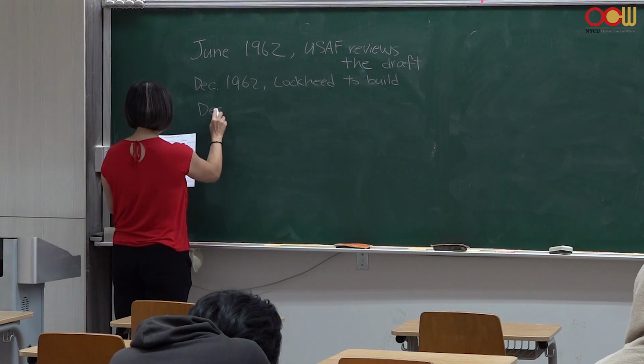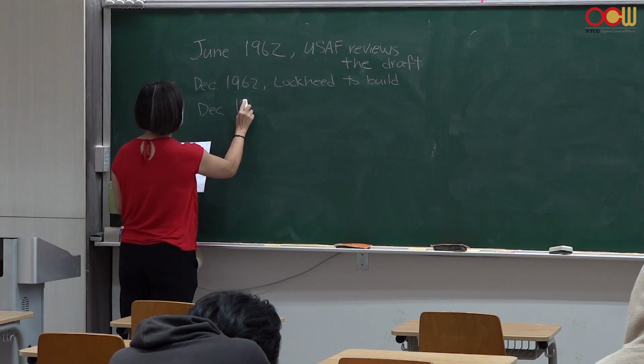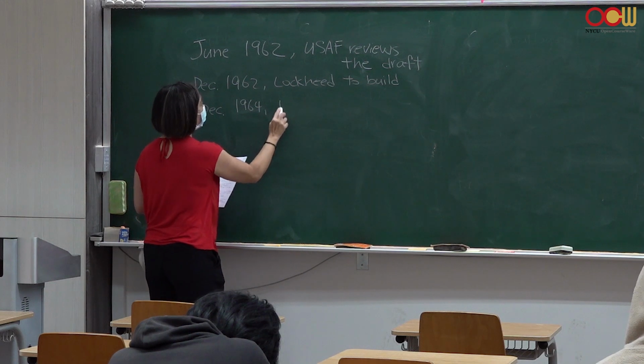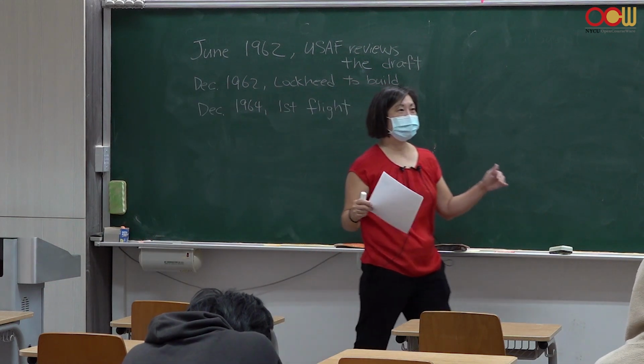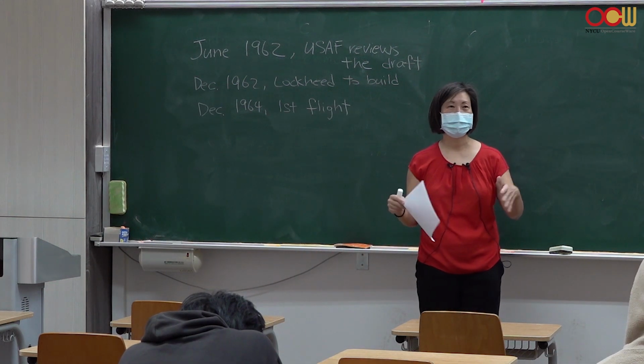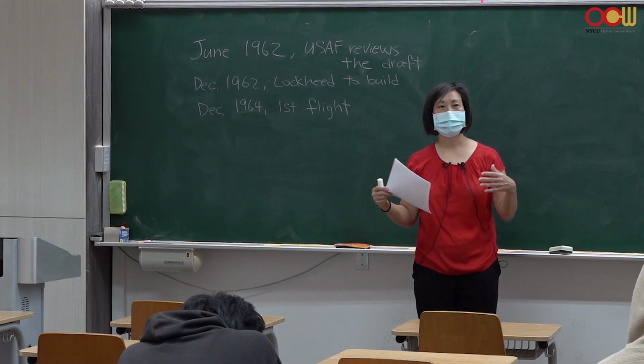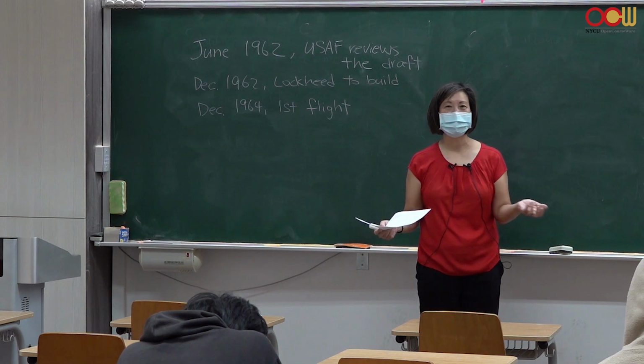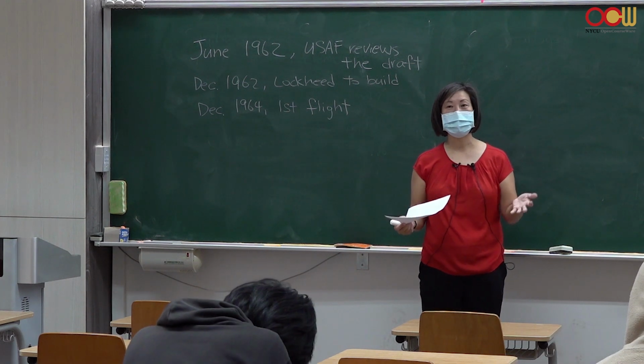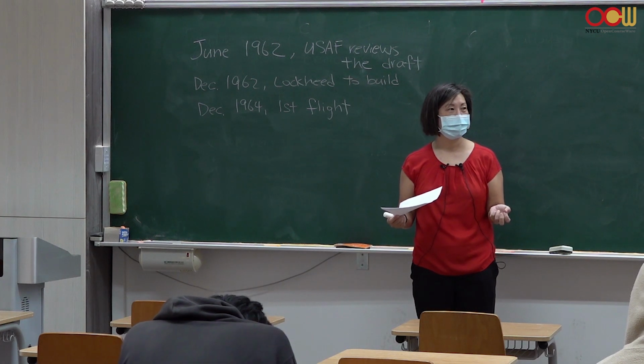The official first flight took place in December 1964. So a very, very shortened amount of time to build a plane that no one has built before, that can fly higher and faster than any other plane, and also using new materials that no one has used before.